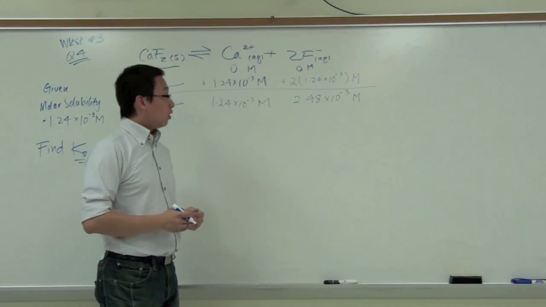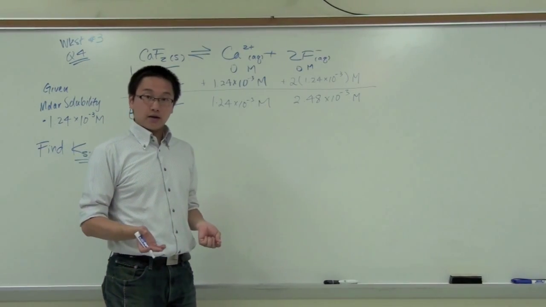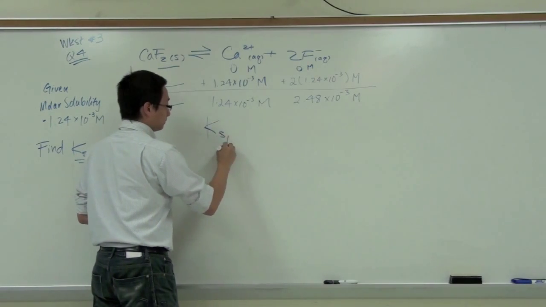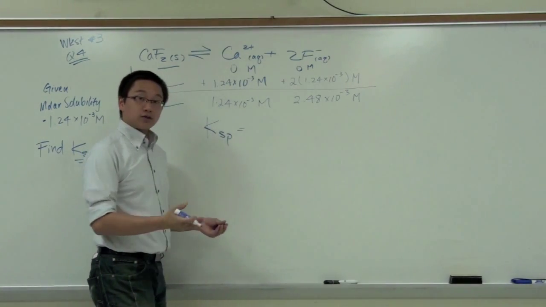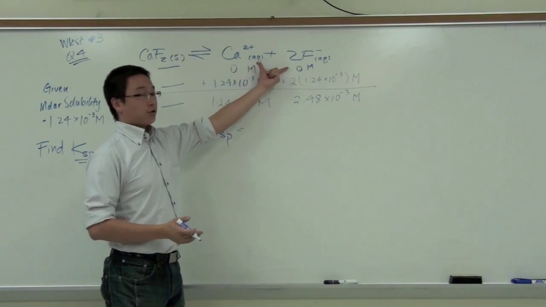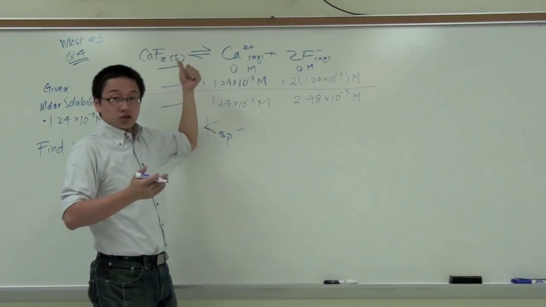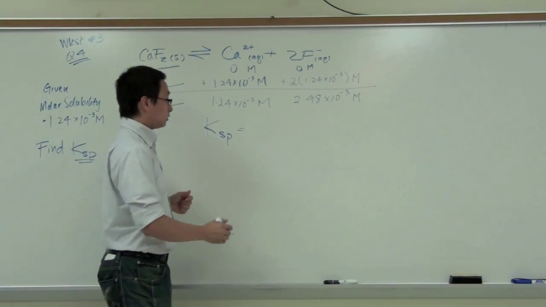What's the next step? We would like to find the Ksp. So let's first write down the Ksp expression. Product over the reactant. But in this case, the reactant is a solid, so we can ignore the solid.